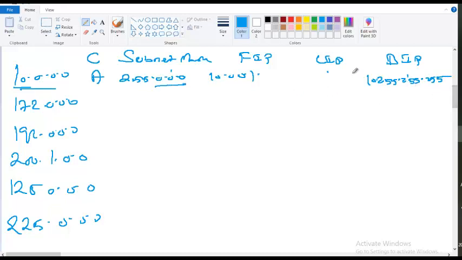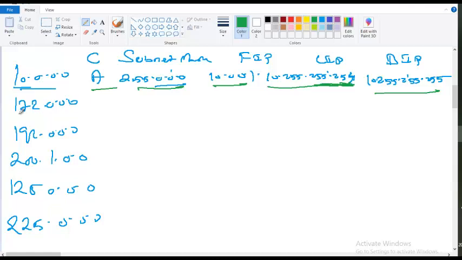And the last IP is 10.255.255.254. This is the last one, this is the first one, this is the broadcast one, this is the subnet mask, and this is the class of it. Okay, so I'll meet you again in 5 minutes. Here we go.